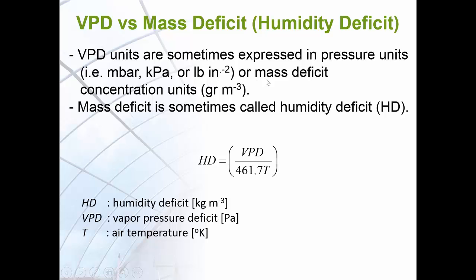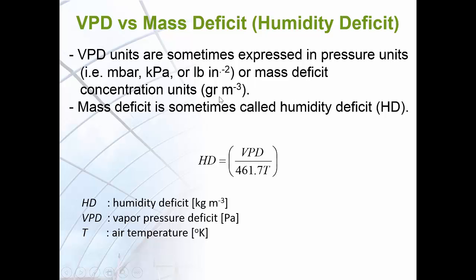Or some of the growers also represent vapor pressure deficit in terms of humidity deficit terms or mass deficit concentration units. Here basically we are looking at the concentration of water vapor in terms of grams of water per volume basis. However, again, we can look at the saturation vapor pressure in terms of mass deficit basis and the vapor pressure in mass deficit basis.